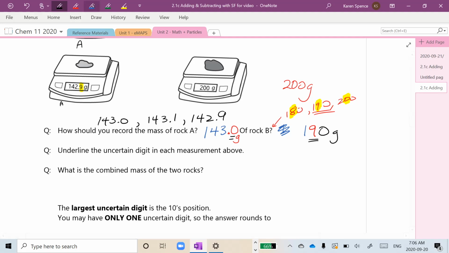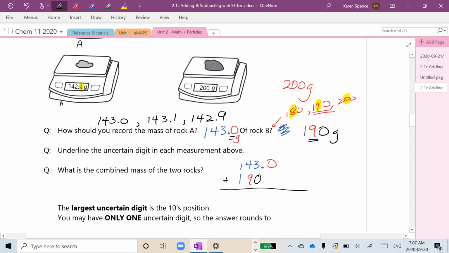So I'm going to write 143.0, and then I'm going to write 190. Even though there's not a decimal place here, and I don't want to write one, otherwise I would have more sig figs, I want to make sure my decimal places line up when I write my work vertically.